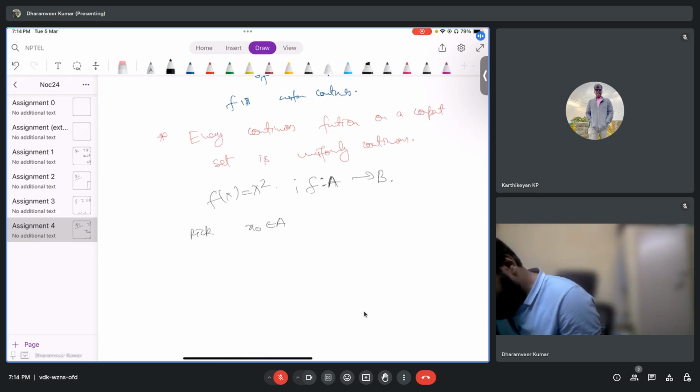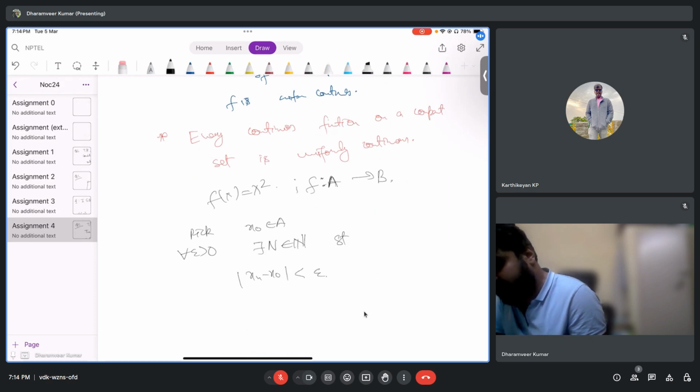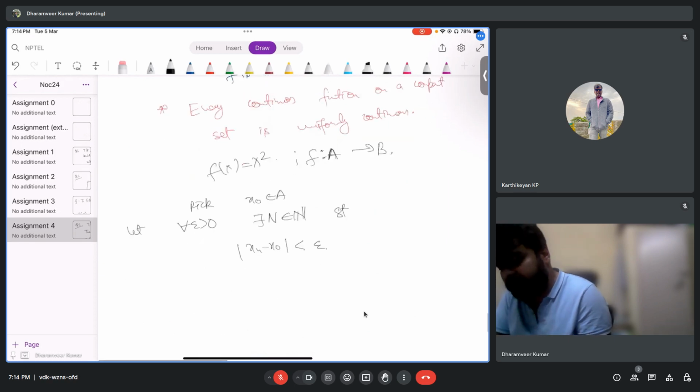That means for every epsilon greater than 0, there exists n in the natural numbers such that, let this be true. Fix an epsilon greater than 0.